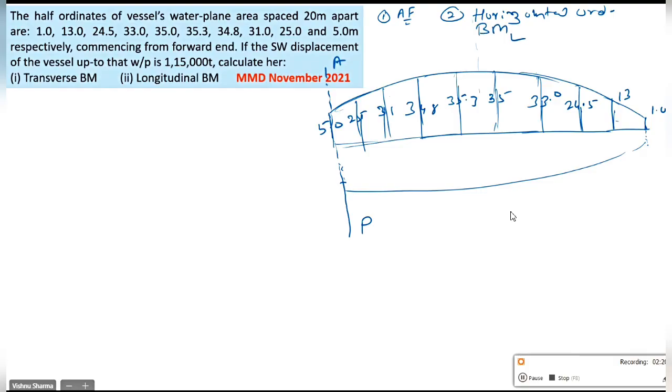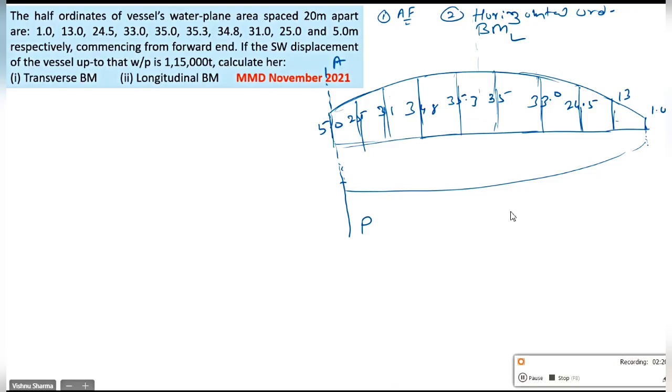So when it is a case of horizontal ordinates, you can work with half and double it up, or you can take the full ordinates. Choice is yours, absolutely your choice. But for BMT, where it's a case of vertical ordinates, you will have to work with half ordinates. Am I now clear? Understood? Okay, yes, sir.